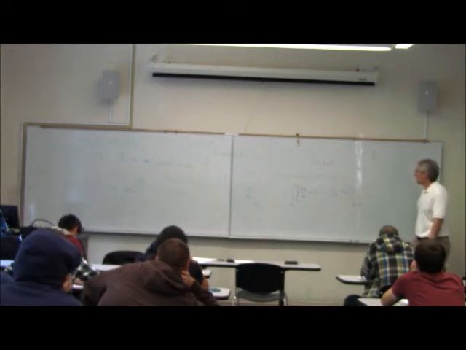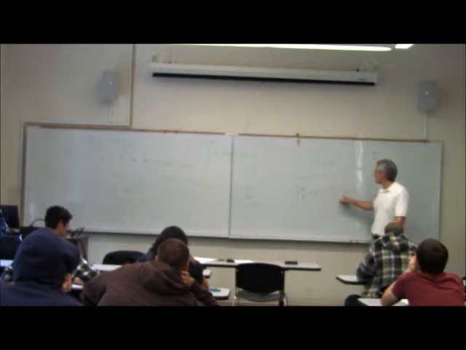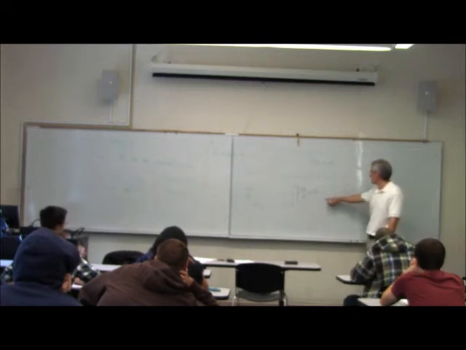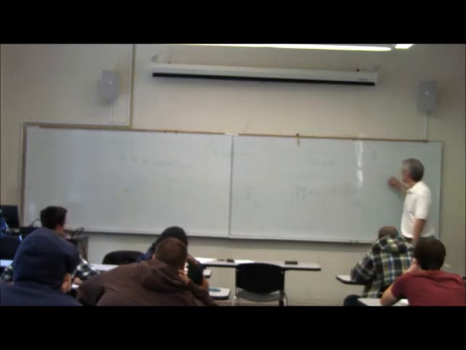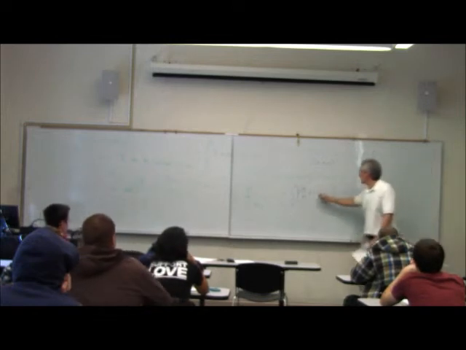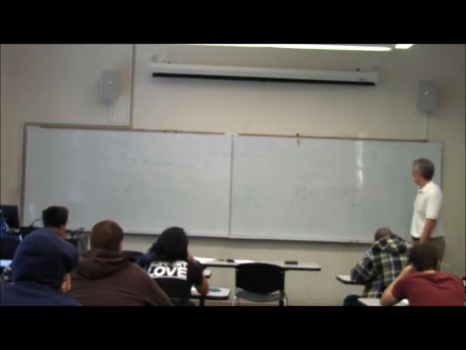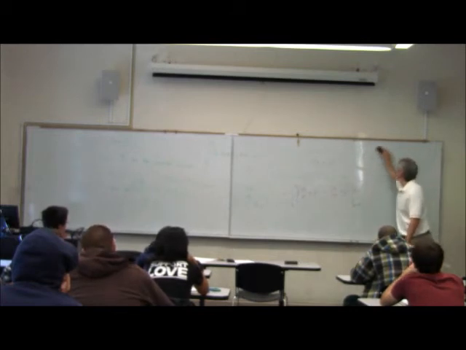Okay, now what we can do here is use the chain rule. I'm sorry, we've used the chain rule already. We can do integration by parts to make these two things look the same. And so, what is integration by parts?